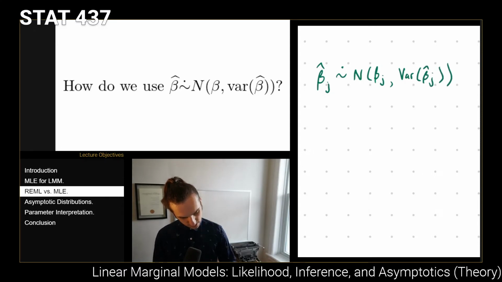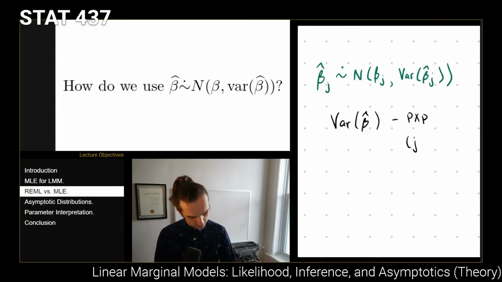And if we think about the variance of beta hat, this is going to be a p by p matrix. And if we take the jth entry along the diagonal, then that's going to be this term of the variance of beta hat j.